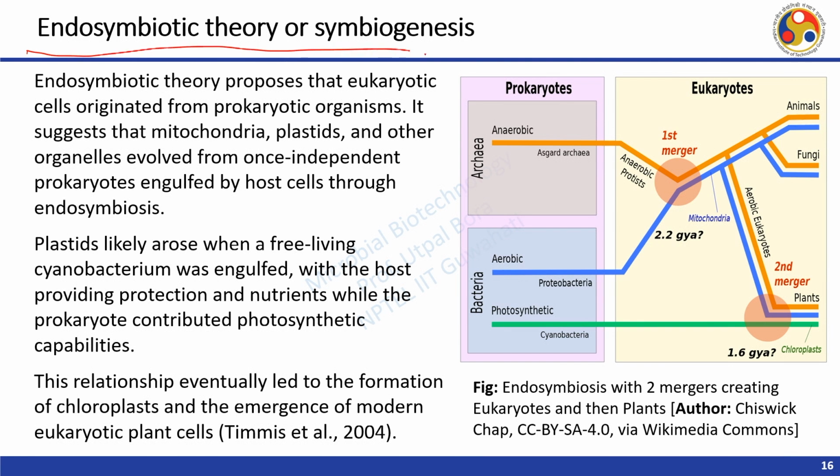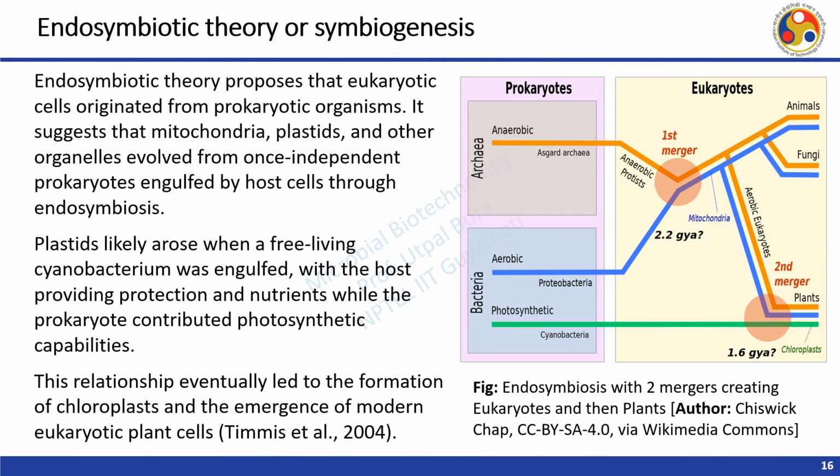The endosymbiotic theory or symbiogenesis. Endosymbiotic theory proposes that eukaryotic cells originated from prokaryotic organisms. It suggests that mitochondria, plastids and other organelles evolved from once independent prokaryotes engulfed by host cells through endosymbiosis.